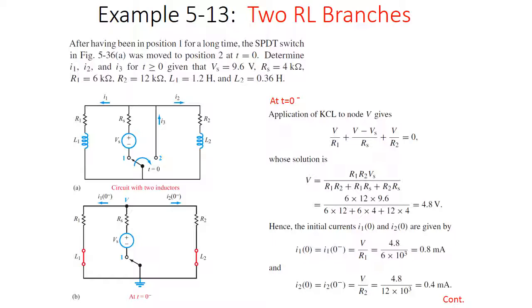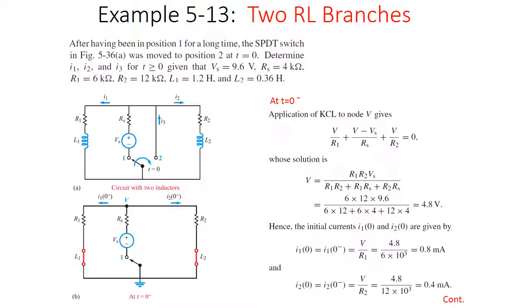And so we can determine our initial currents, I1 at 0 and I2 at 0, by plugging that in. It's V over R1, so we have our 4.8 over our R1, and we know the current going through I1 is going to be 0.8 milliamps. For I2, we do the same thing, and it's going to be 0.4 milliamps.